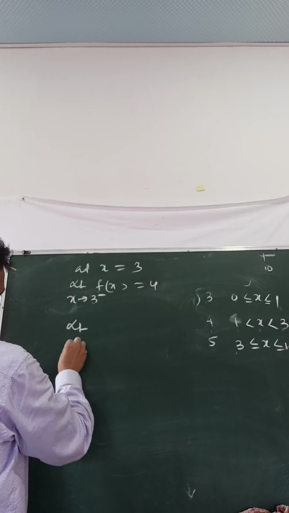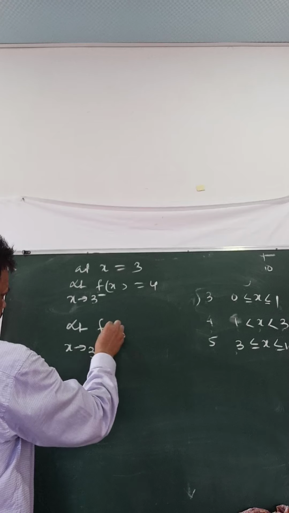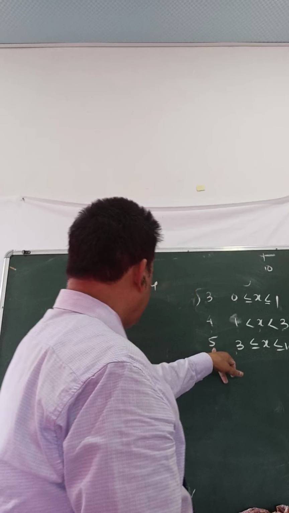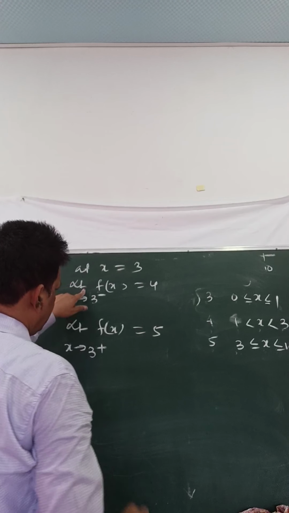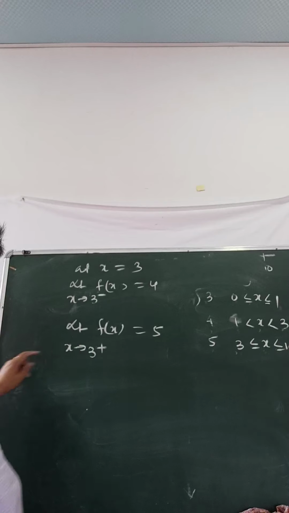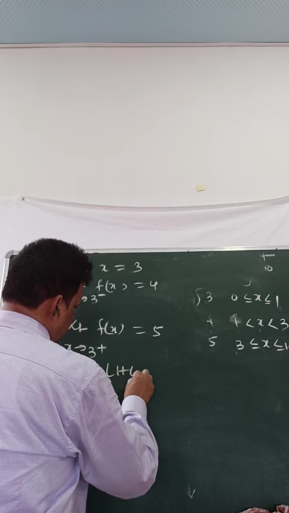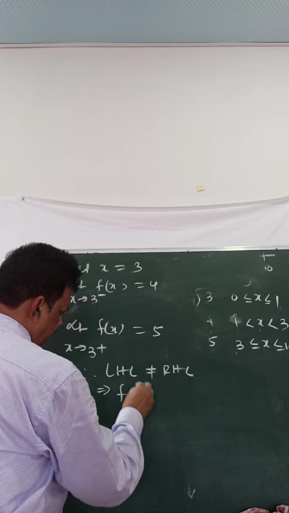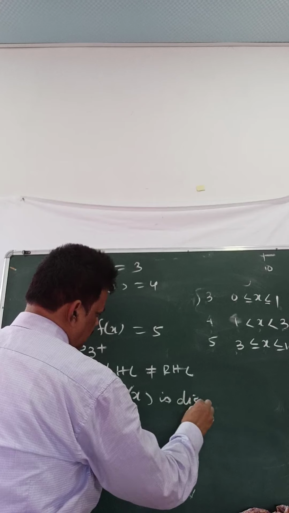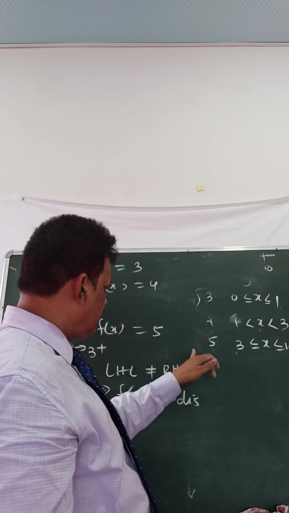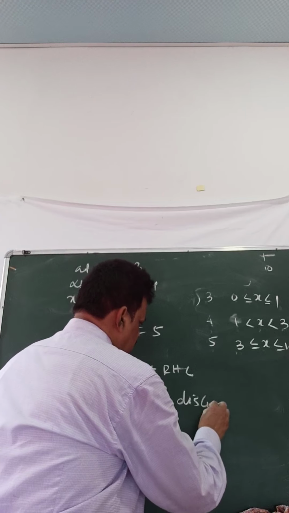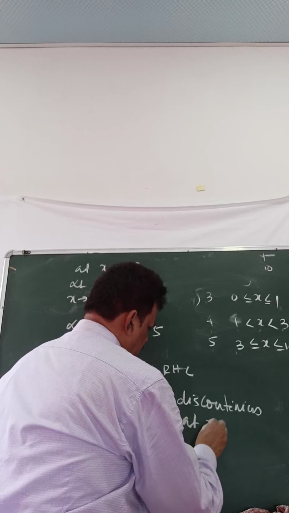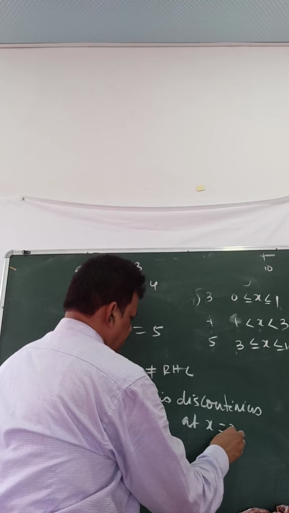Limit x tends to 3 plus f(x) is 5. Here also the left hand limit is not equal to the right hand limit. Therefore, f(x) is discontinuous. I think previous one I might have written continuous. Try to write discontinuous at x equals 3.